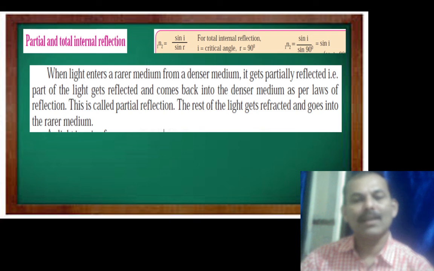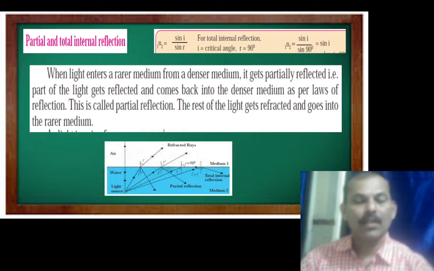This is called partial reflection. The rest of the light gets refracted and goes into the rarer medium. You see the refracted rays, partial and total internal reflection also in this diagram.